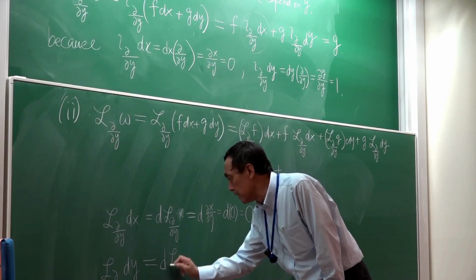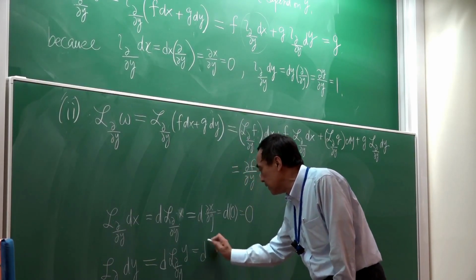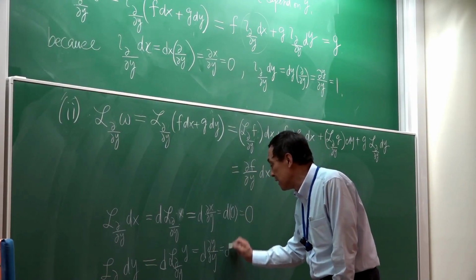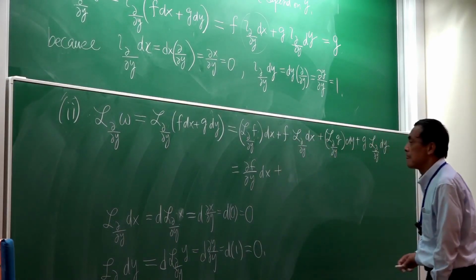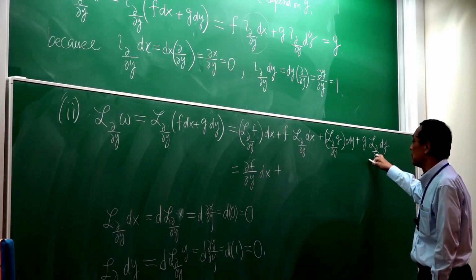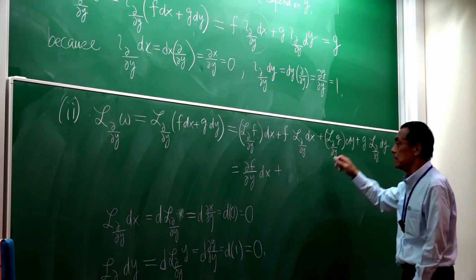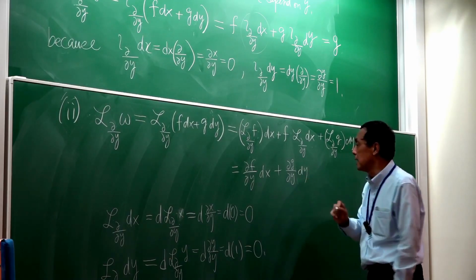It's d of L_{d/dy} of y, so that's d of dy/dy, which is d of 1, but d of a constant is 0. So these two terms are 0, and this is going to be dg/dy dy.